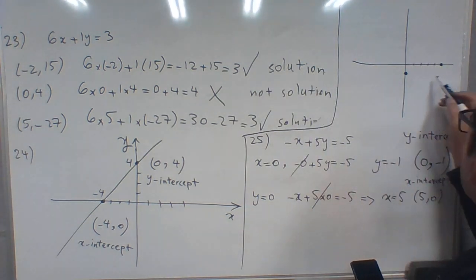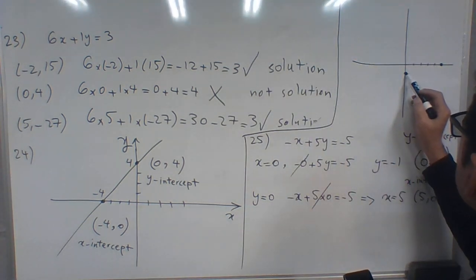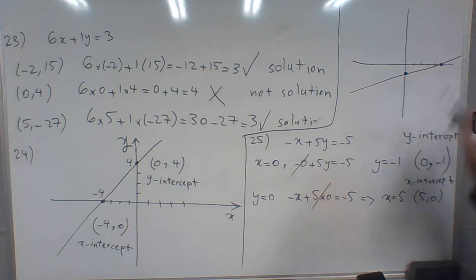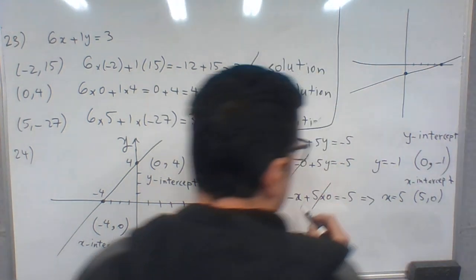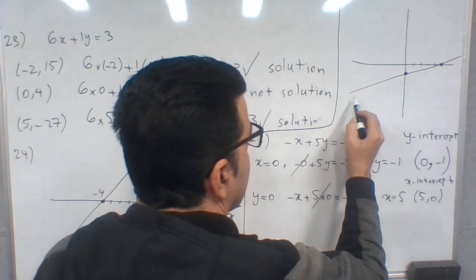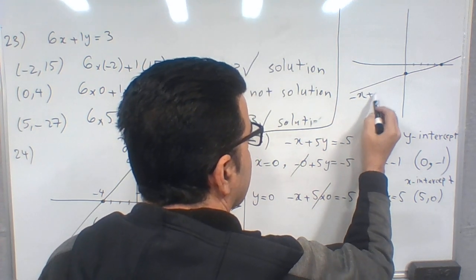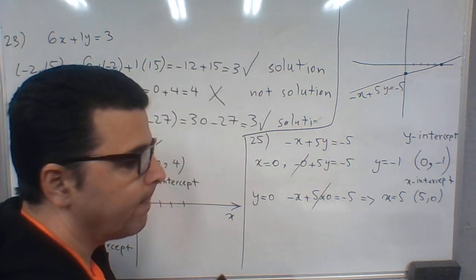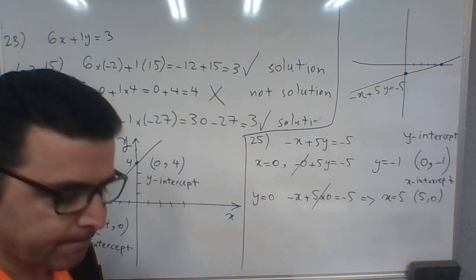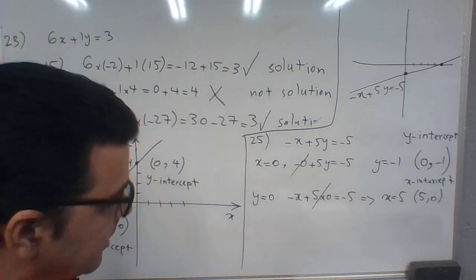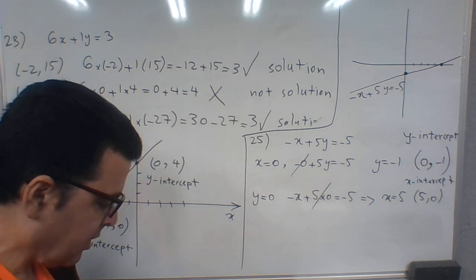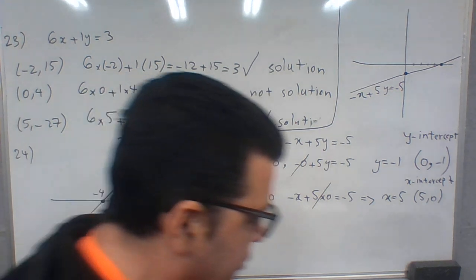So now I connect these two. Okay, so this is the line negative x plus 5y equals negative 5. That was problem number 25. Let's go to problem number 26.